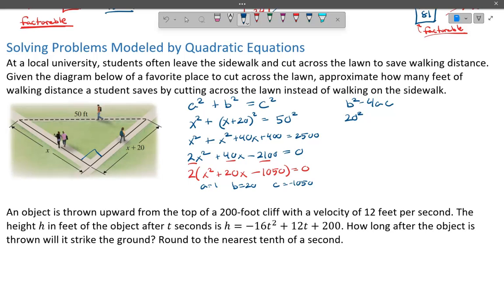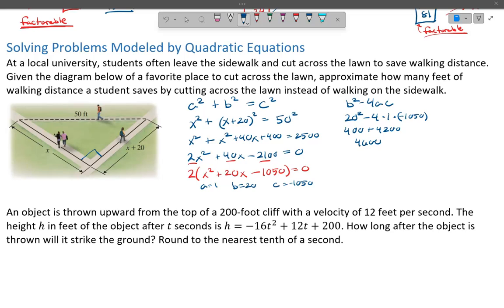We have 20 squared minus 4 times 1 times negative 1,050. So we're going to have 400 plus 4,200, giving us a total of 4,600.